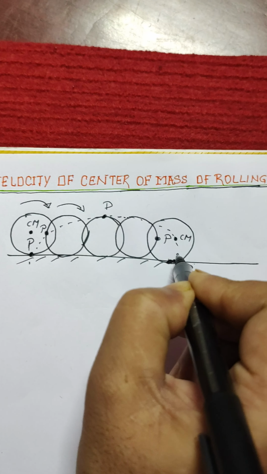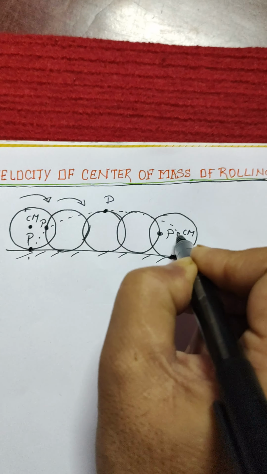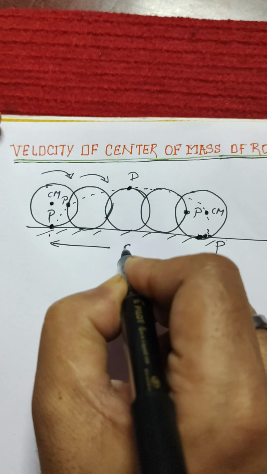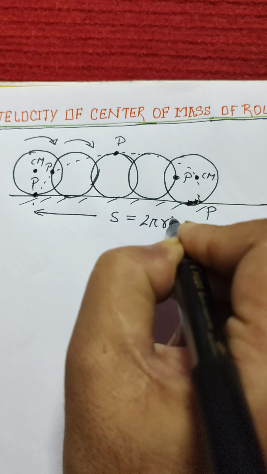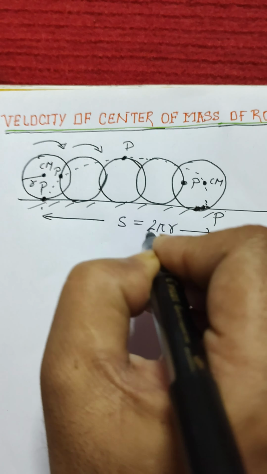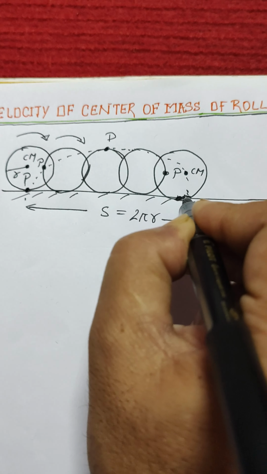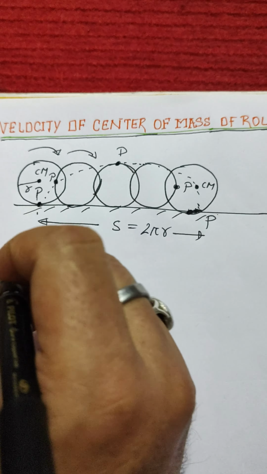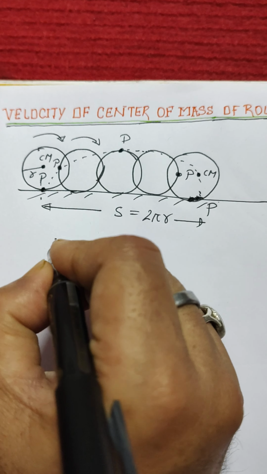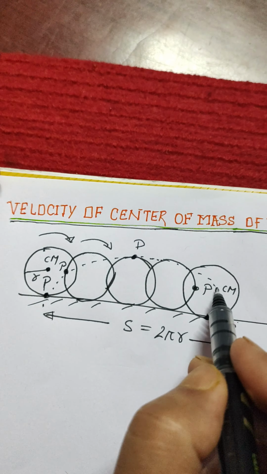Now the total distance traveled by the body is s equal to 2 pi r, where r is the radius of the body, when it completes one full rotation. So it means the center of mass goes from here to here.